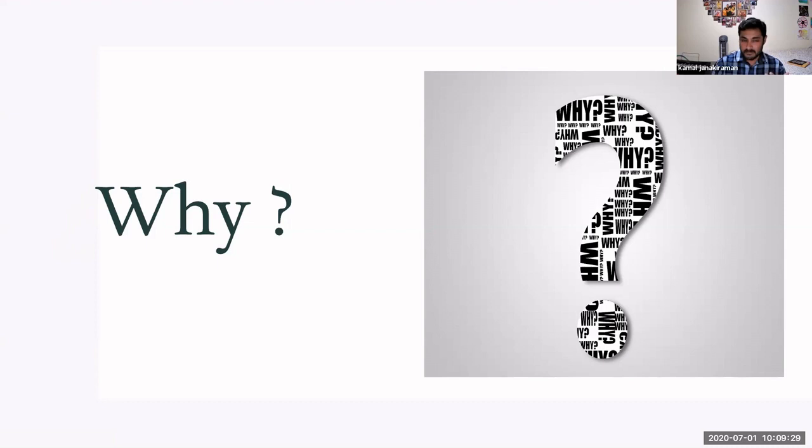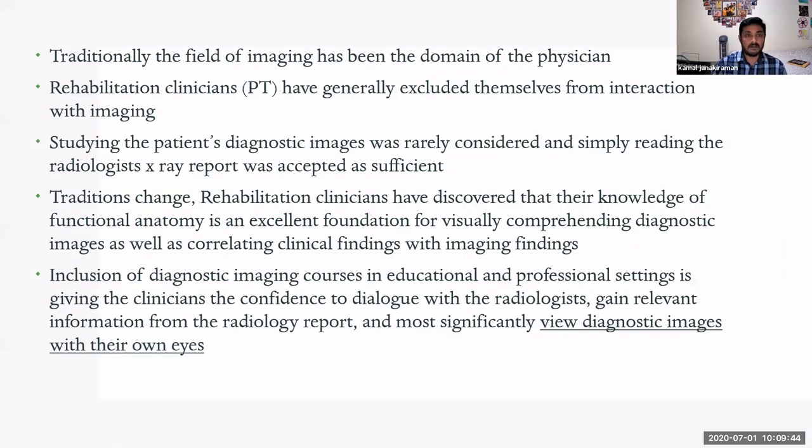Imaging was not evaluated by the physiotherapist before, but as we are progressing now, more and more physiotherapists are starting to read the images and develop the rehabilitation protocol with that. Traditionally, the field of imaging has been the domain of physicians. Only the doctors order the imaging.